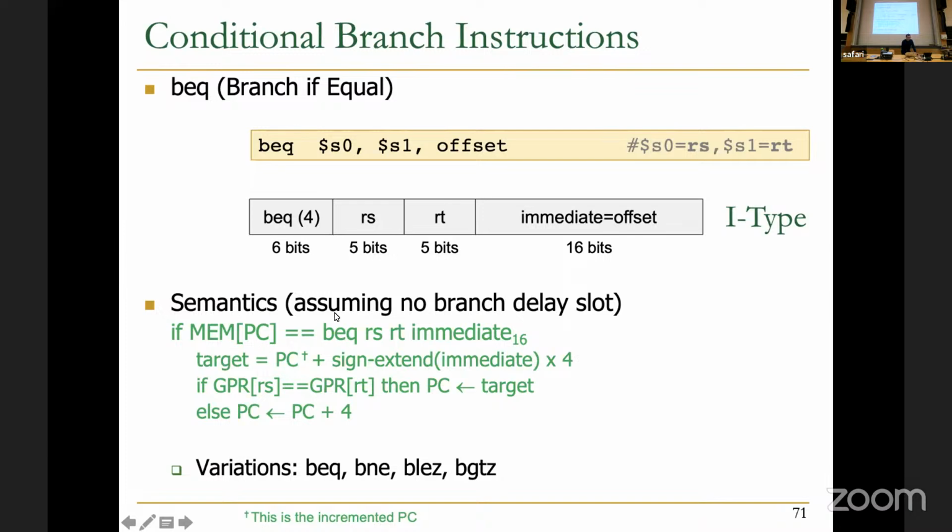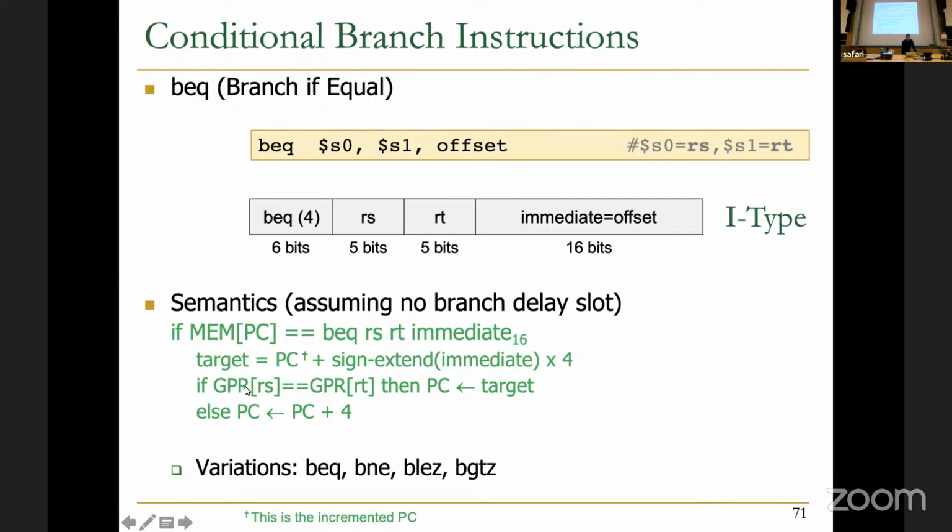So if the instruction is a branch equal, then what do we do? These are all happening in parallel, right? We calculate the target address. The semantics specify that the target address should be calculated as incremented PC plus sign extended 16-bit immediate times 4.